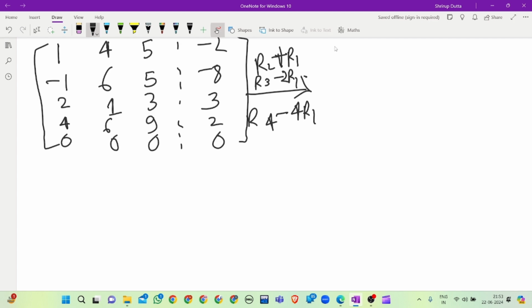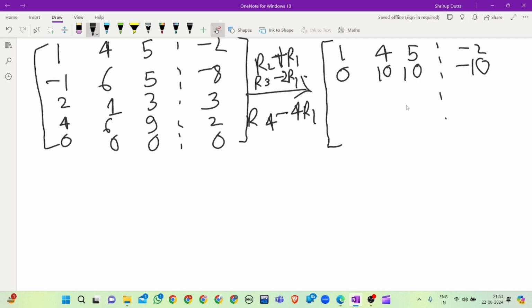So we have this matrix: 1, 2, 5, -2; 0, 10, 10, -10; 0, -7, -7, 7; 0, -10, -11, 10 and 0, 0.